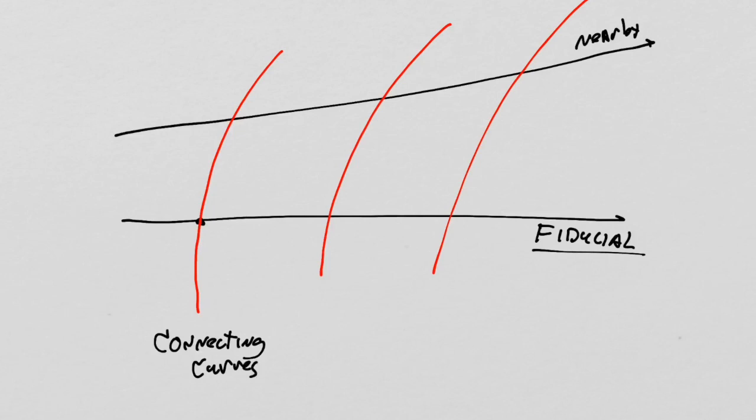Now, the connecting curves at each of the points along the fiducial geodesic have a tangent vector, right? And we'll call that tangent vector z mu. And the fiducial geodesic at every point along it has its own tangent vector.